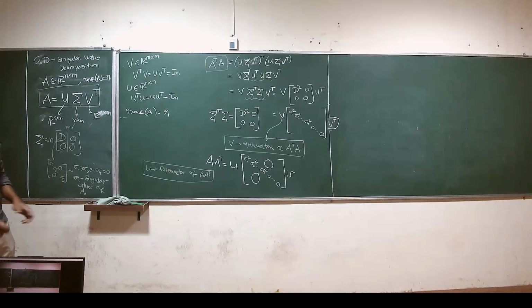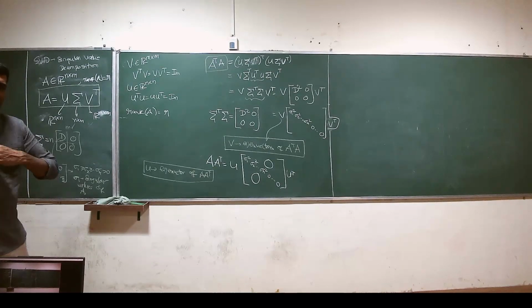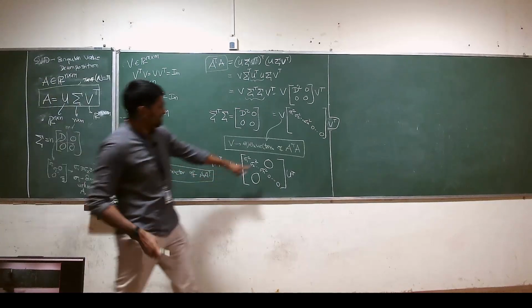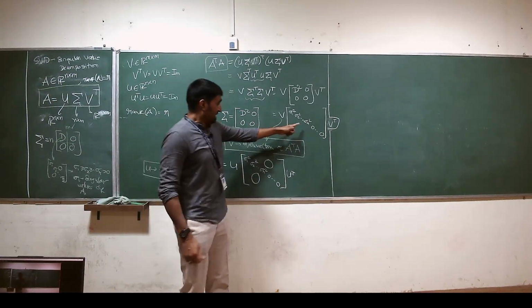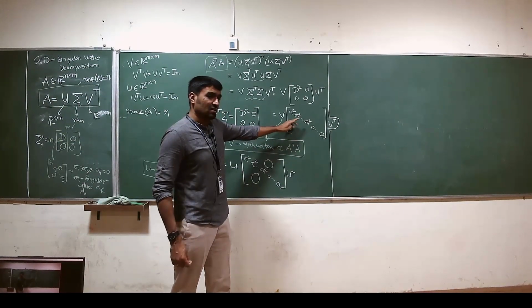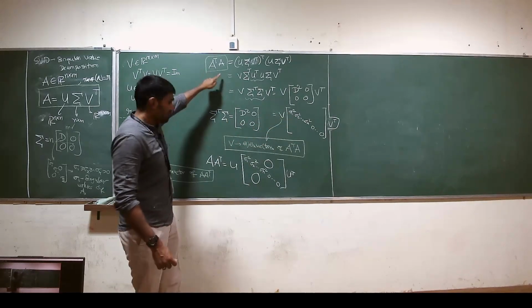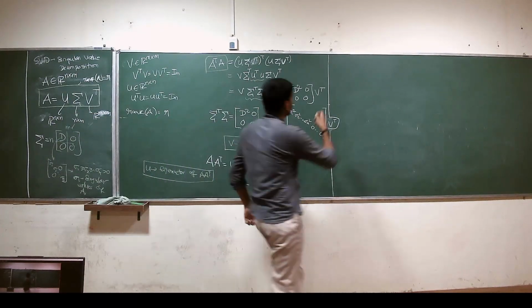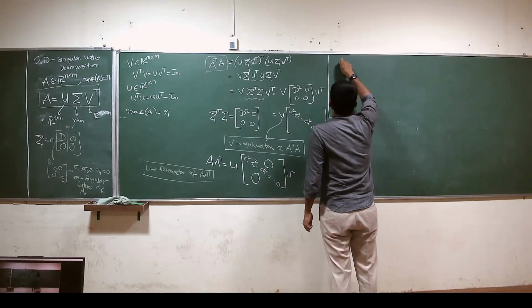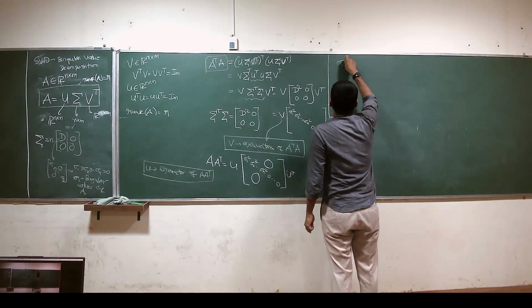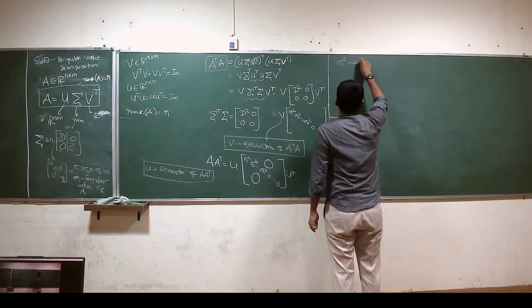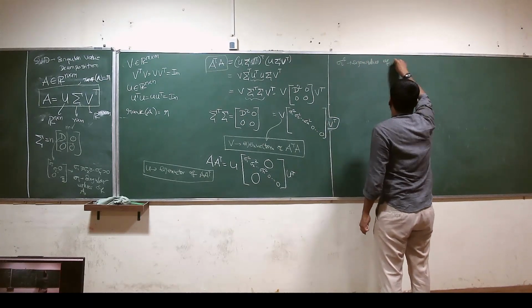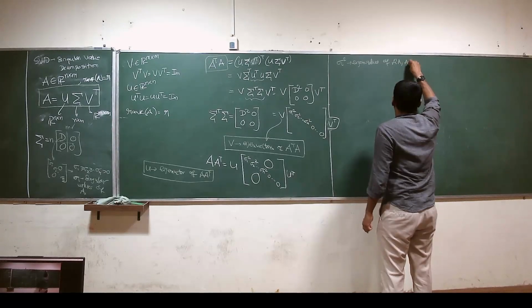What about these sigmas? In fact, sigma i square are the eigenvalues of A transpose A or A A transpose.